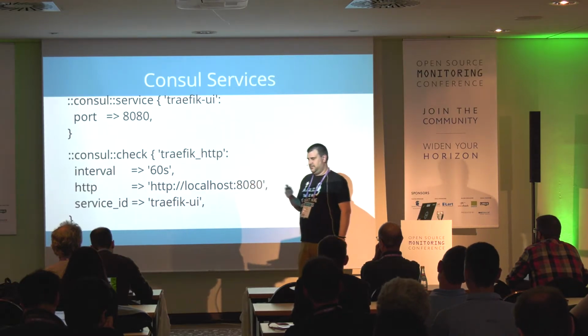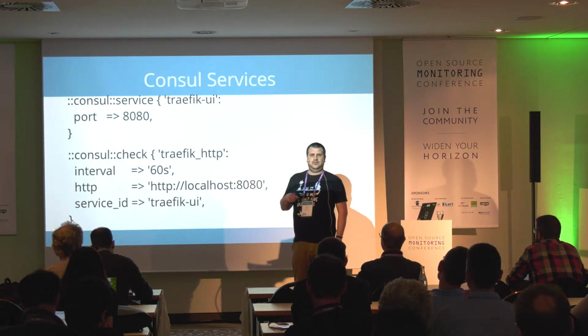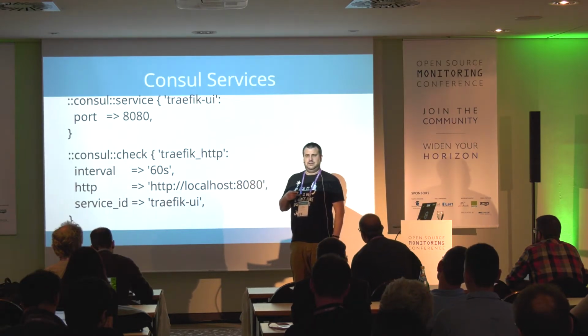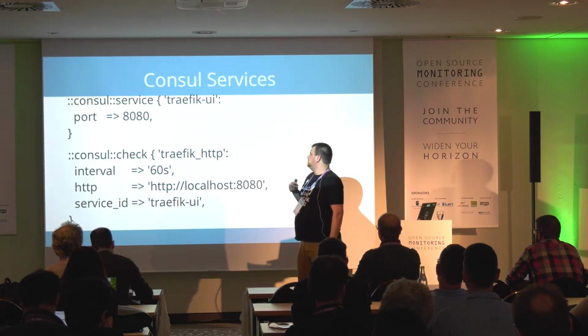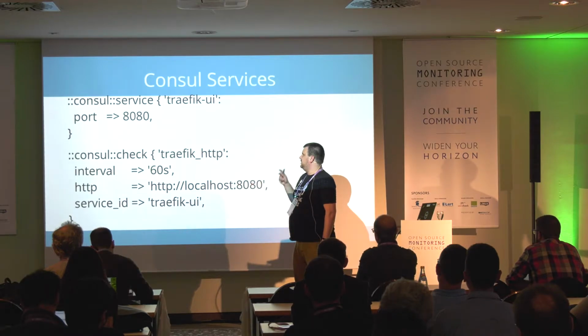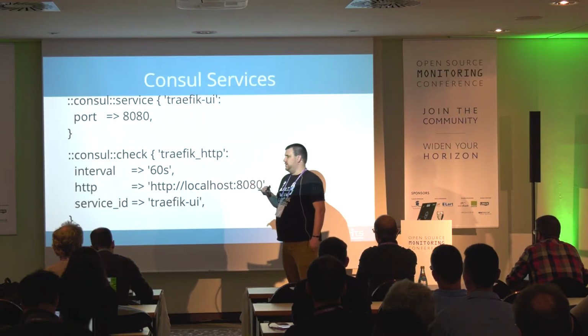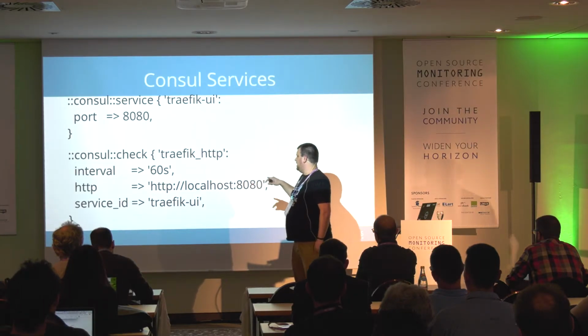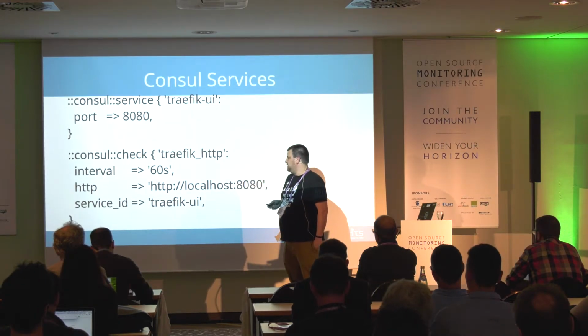Consul uses the notion of service, but it also needs checks. So every service needs at least one check to make sure that the service is active, is live, is available. So it's fairly simple to set up. It's a Consul check with a name. I want to check it every 60 seconds, and it needs to go out to a certain URL, in my case, just localhost 8080, and it's linked to the service Traefik UI.